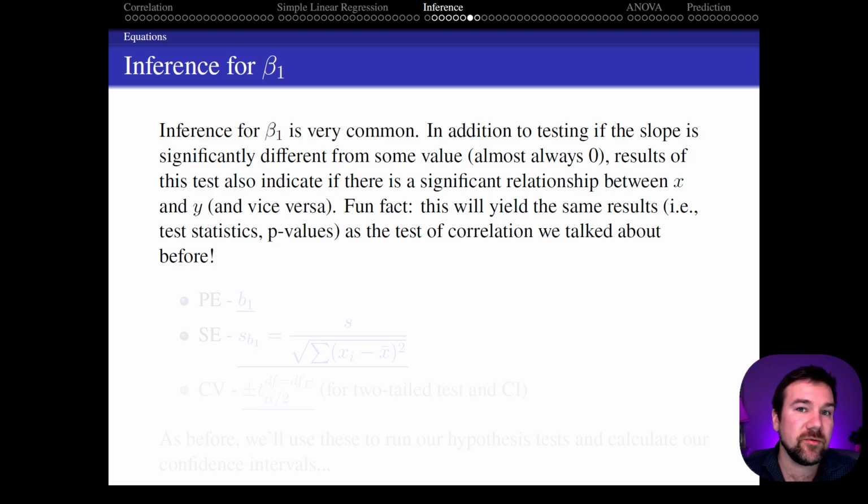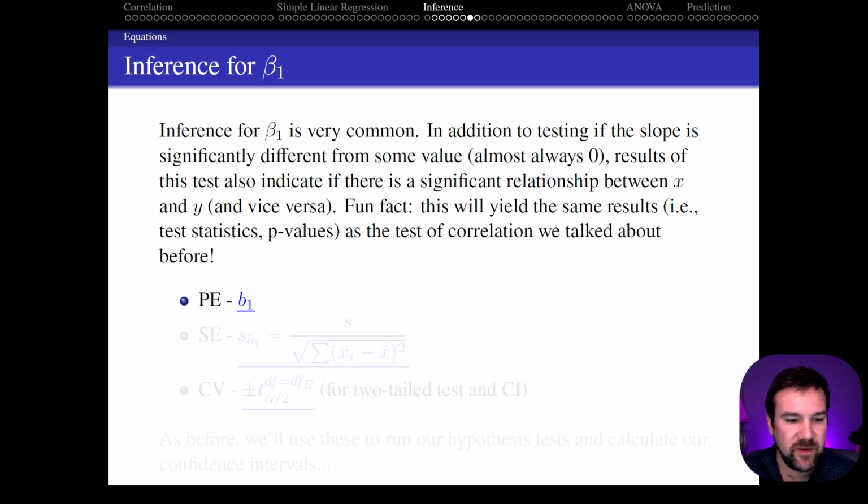That's why people are very interested in tests of the slope: a test of the slope is synonymous with a test of linear relationship between x and y. If there's a significant slope, there's a significant linear relationship between x and y. And if there's not a significant slope, there's not a significant linear relationship between x and y.